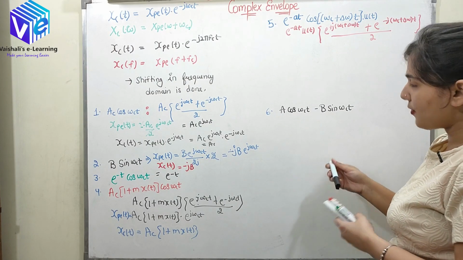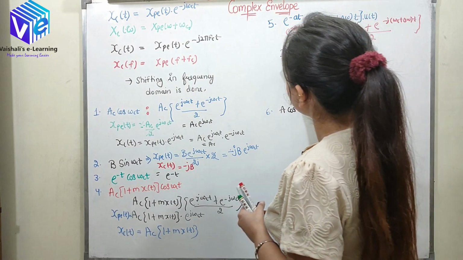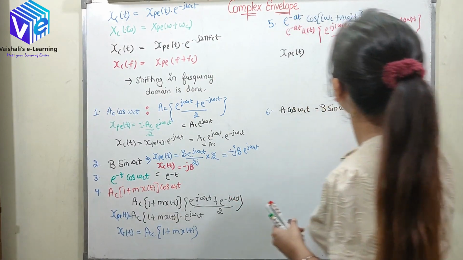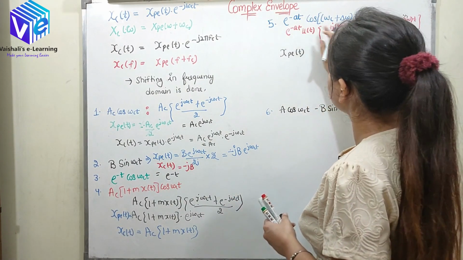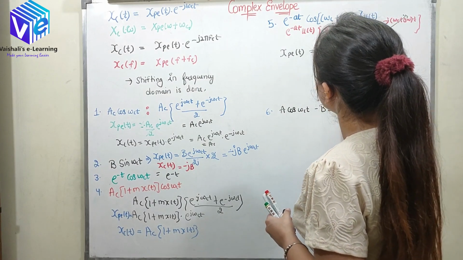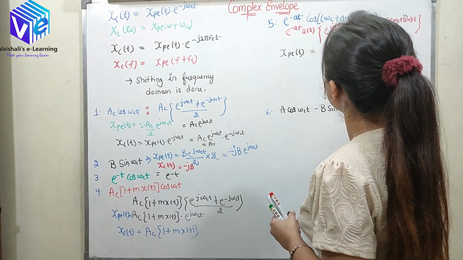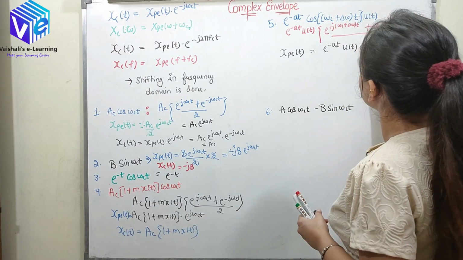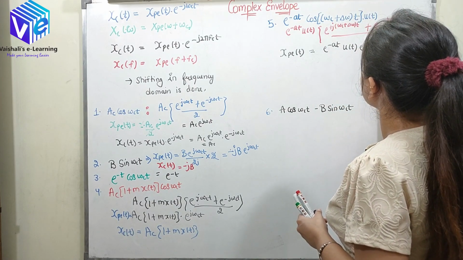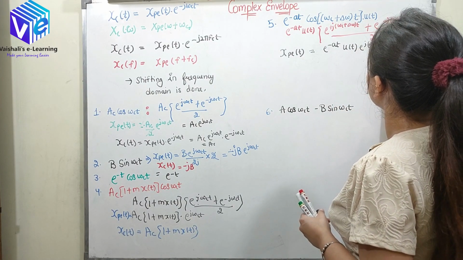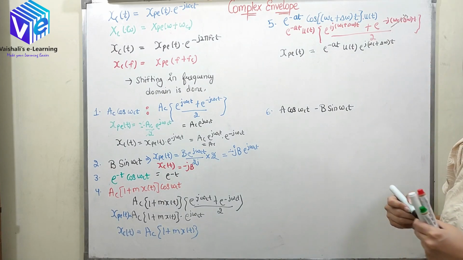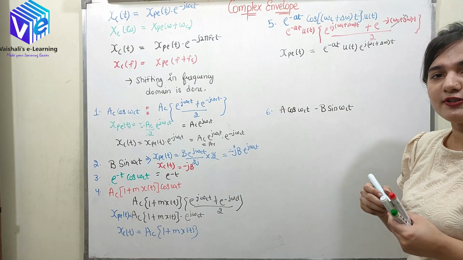So now how can I find out the pre-envelope? So it is very simple now. I can reject this term, and I can multiply this term by 2. So the pre-envelope is e^{-at} u(t) into e^{j(ω_c + Δω)t}. Now we have already found out the pre-envelope.